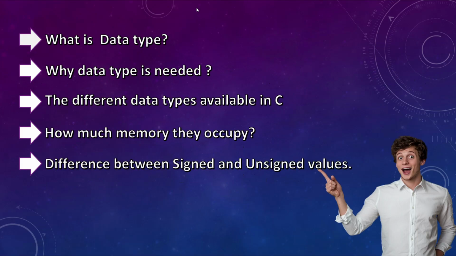Before we begin, let's see what we'll cover in today's session. We will understand what a data type is, why data types are needed, the different data types available in C language, how much memory they occupy, the difference between signed and unsigned values, and finally the fixed width data types that are commonly used in embedded systems.